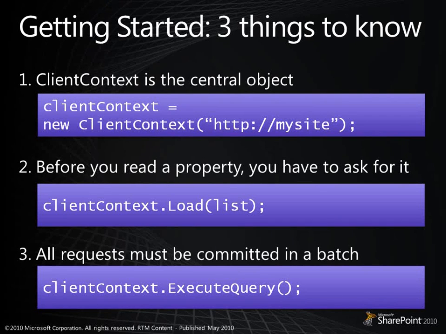As you can see from the slide, we'll need to use the load method of the client object model, and then we'll need to make sure that all requests to load the information are committed in a batch. Essentially, this means that we can batch multiple calls before actually executing. Actual execution of these calls is done by using the execute query method available on the client context object.